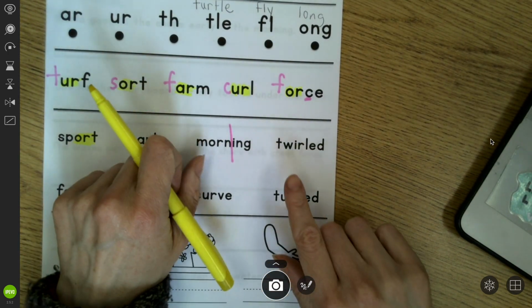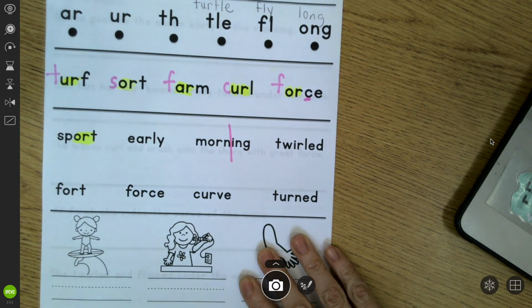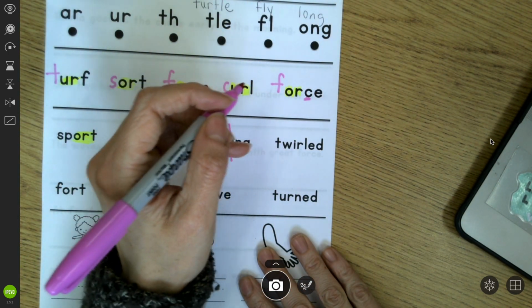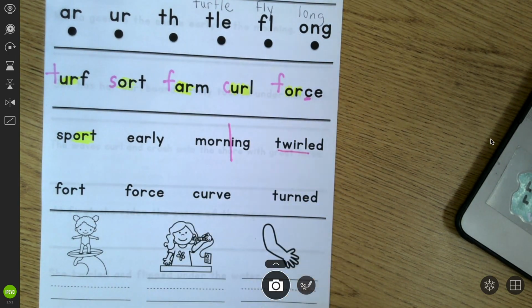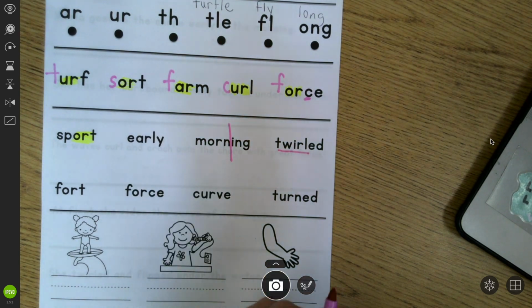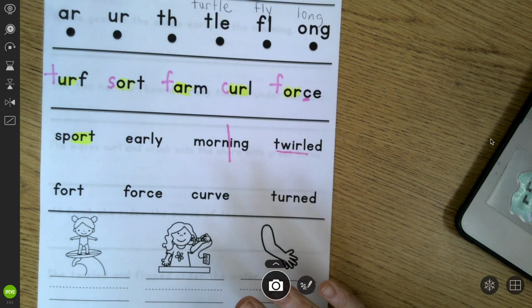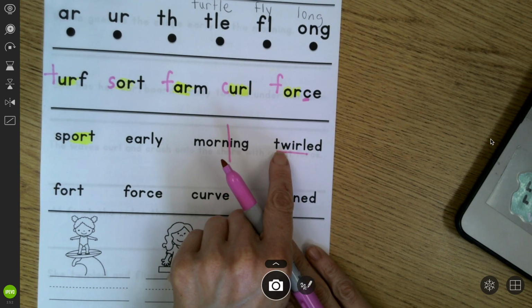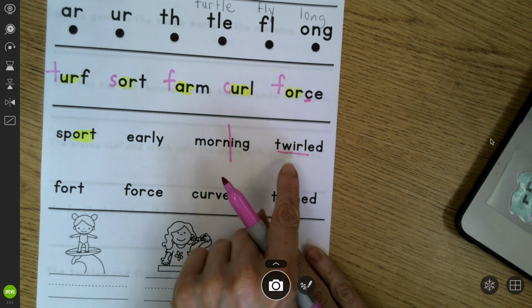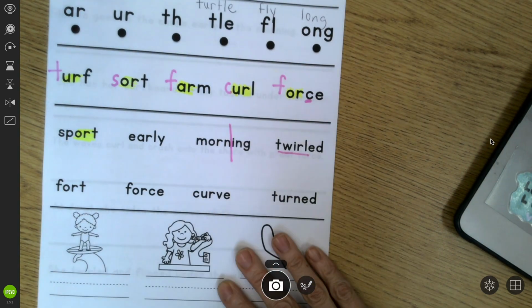Okay. So I want you to try and sound this out. I want you to kind of read this word first and then add the ending. Tw, ER says twirl, and then ED, twirled. Vanessa twirled her curl.